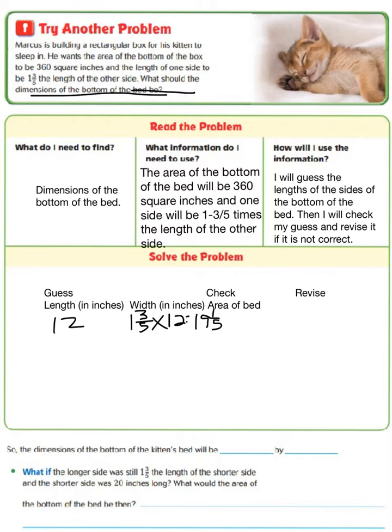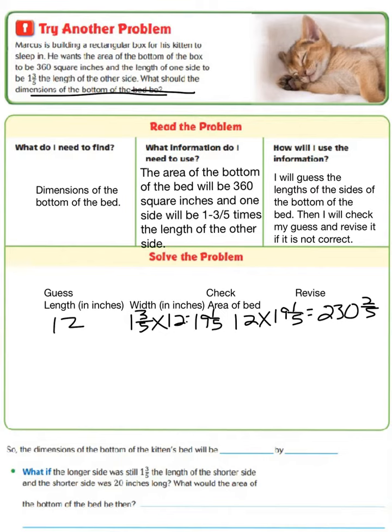So then we'll take our 12, which was our guess, times our 19 1/5, and that's going to equal 230 2/5 inches. And as you can see, that's going to be too low.